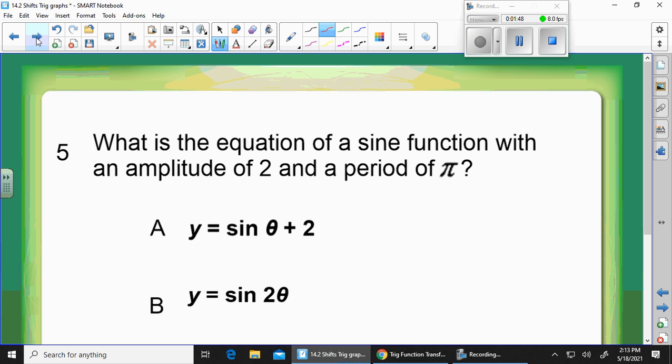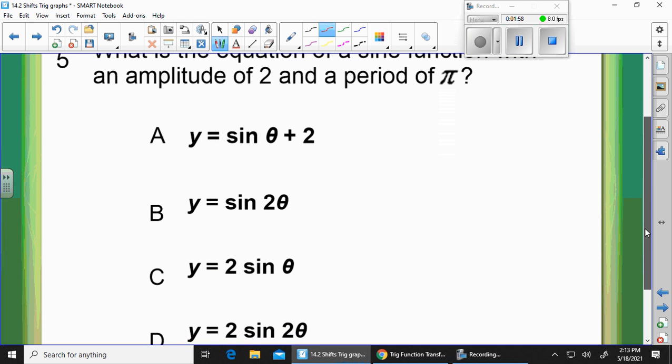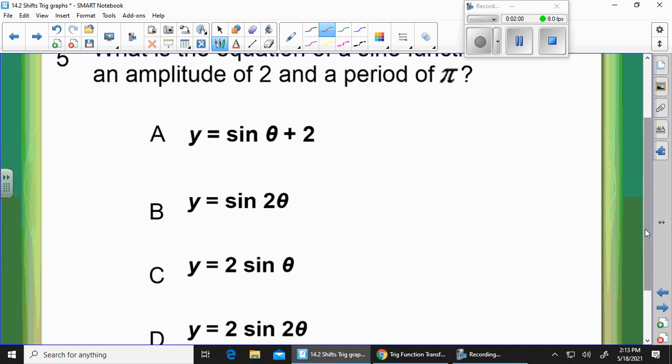So now we're going to add, with this, an amplitude of 2 and a period of pi. Amplitude of 2, that's my A, being multiplied by sine or cosine, so it has to be C or D. For a period of pi, I have to think 2 pi divided by what gave me pi.